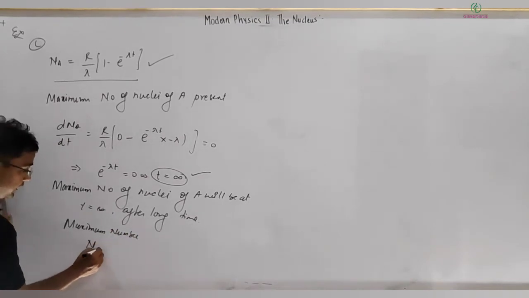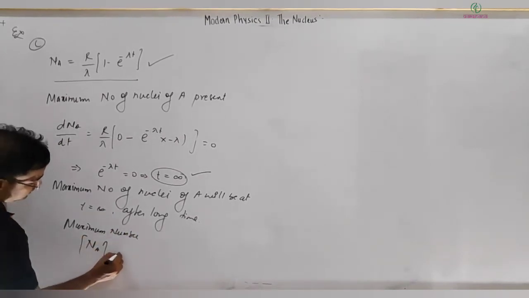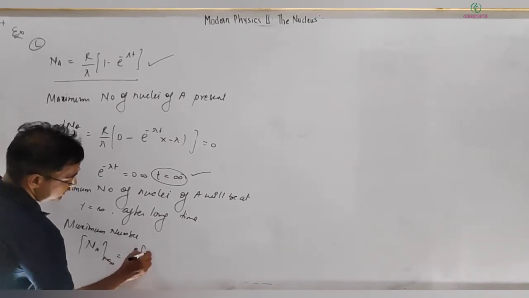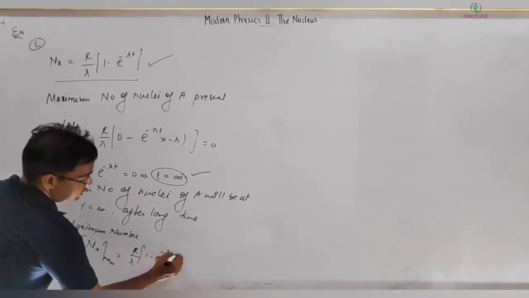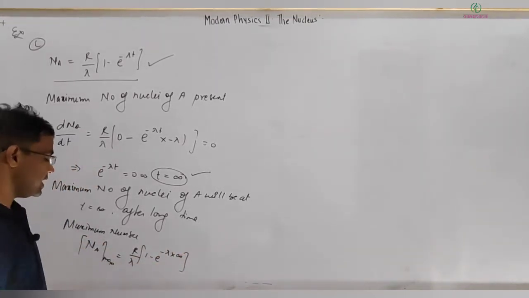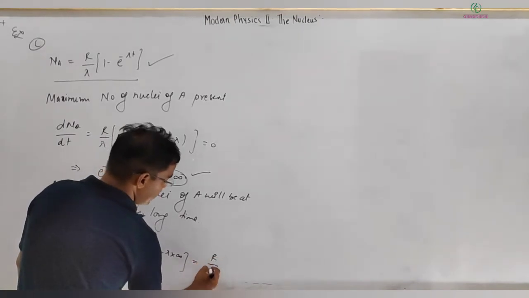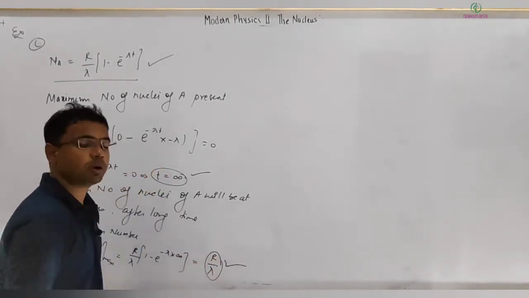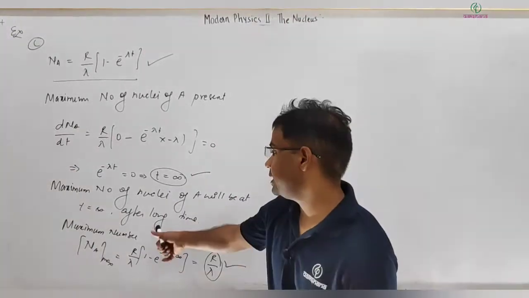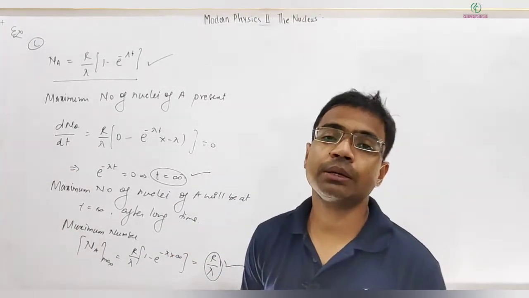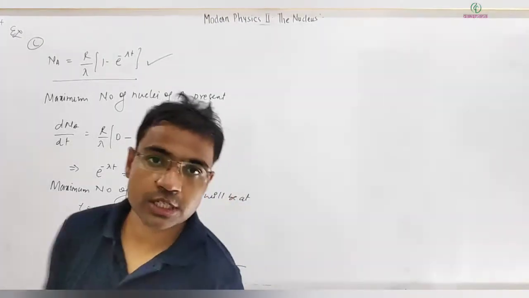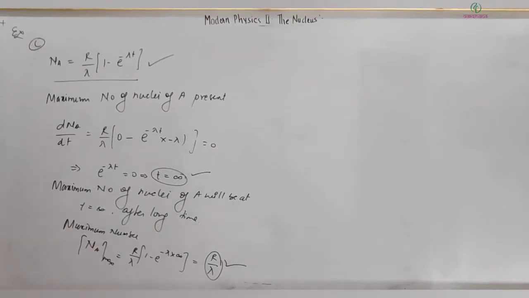NA max is simply R by lambda (1 minus e raised to power minus lambda t) at t equal to infinity. So this quantity becomes 0, and we get simply R by lambda. This is the maximum number of nuclei of A present at any time, and we also got the time at which it will be maximum, that is t equal to infinity. I just missed this in the last question, so I hope this is clear.